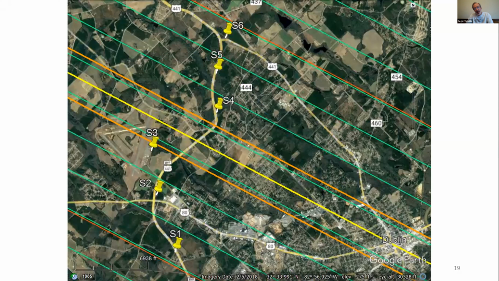Similarly, we have attempted to have large campaigns for the Didymos occultation so far in 2022. This picture shows the sites of my 6 telescopes along Route 441 bypass around Dublin, Georgia, for the Didymos event of July 24th, 2022. The center line is the bright yellow line. The path edges are the orange lines.